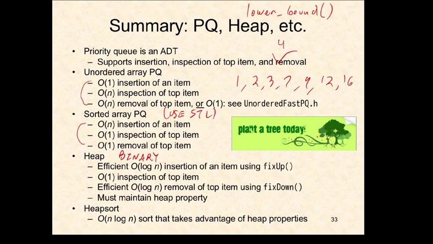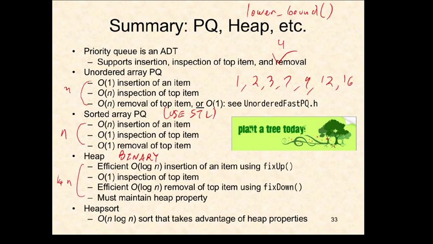Every element is O of n at some point in its life. In the binary heap, it's log n to get it in. Later on, it's log n to get it out. The total cost here is log n: log n to push it, log n to pop it, and O of 1 to look at the highest priority.